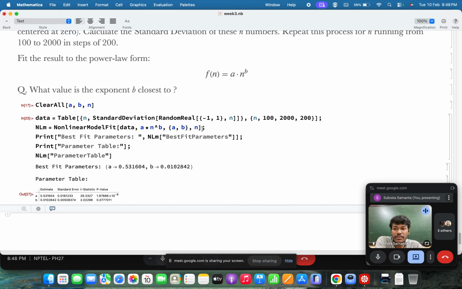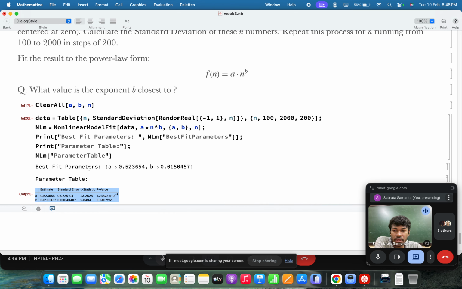So, once you fit this, you can calculate the best fit parameters, just put NLM. So, this is your model parameter fit, you just put this NLM in BestFitParameters and then print the parameter table, NLM parameter table. So, what is this? This prints the parameter table, and once you call this NLM, because NLM is basically your nonlinear fit, that gives you a parameter table.